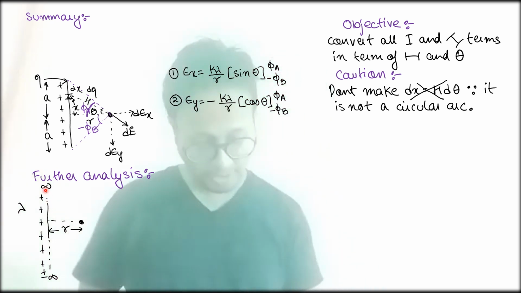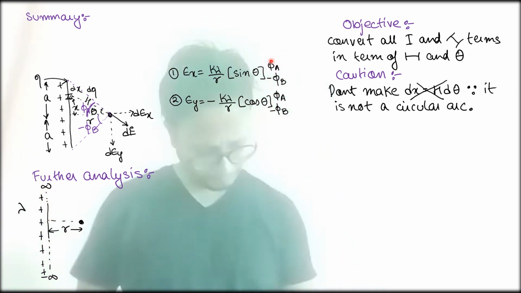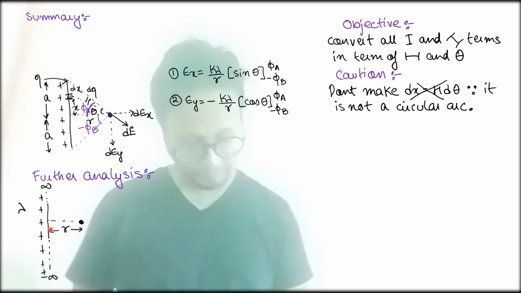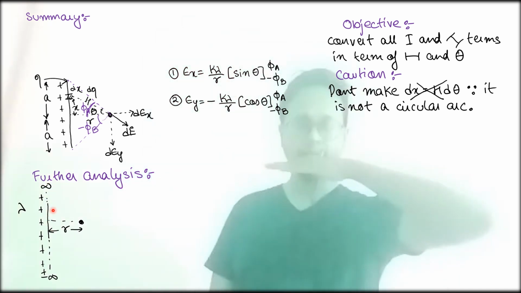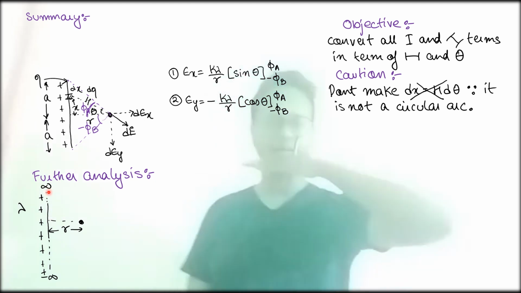When the length of the rod is infinity, this phi a will become, as this length is zero, phi is equal to zero.